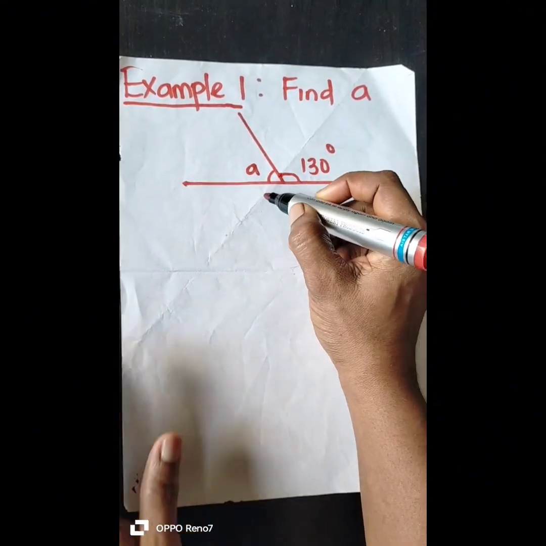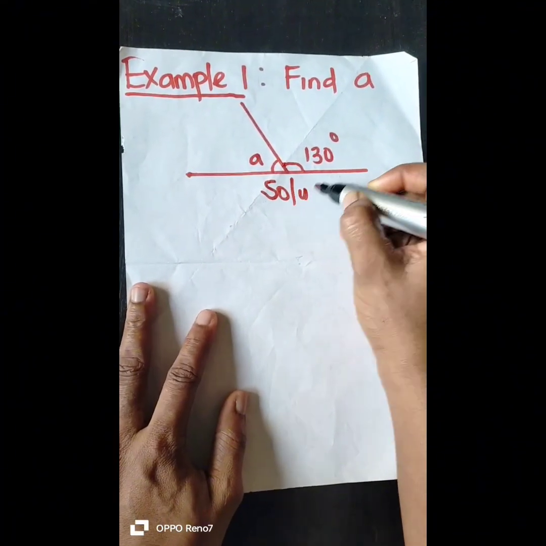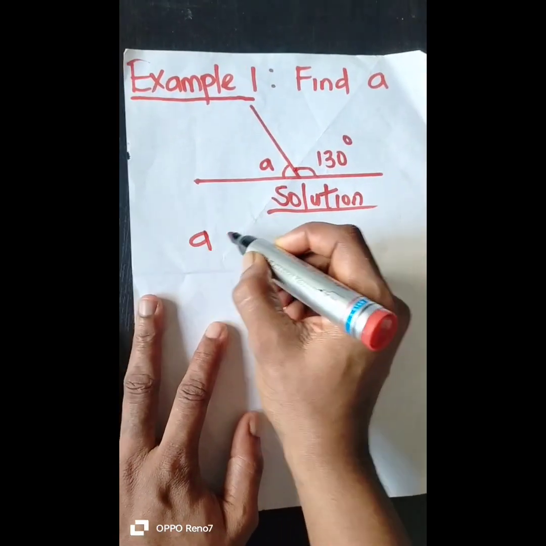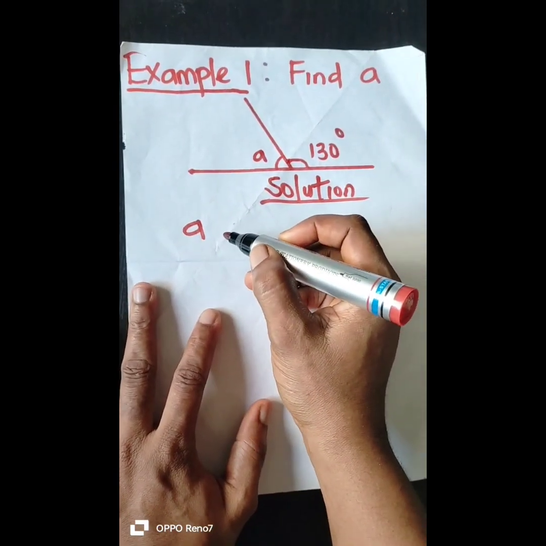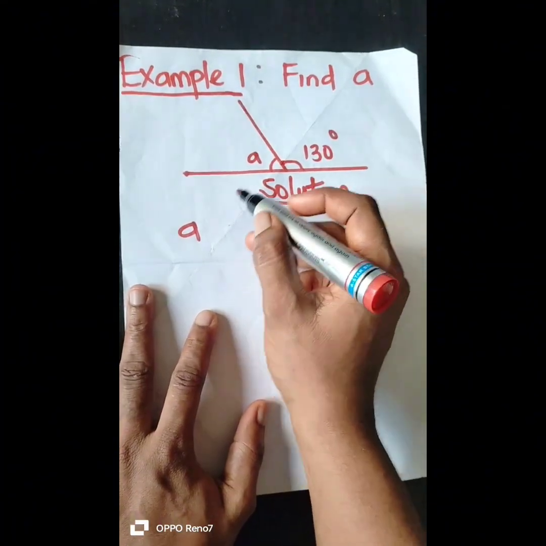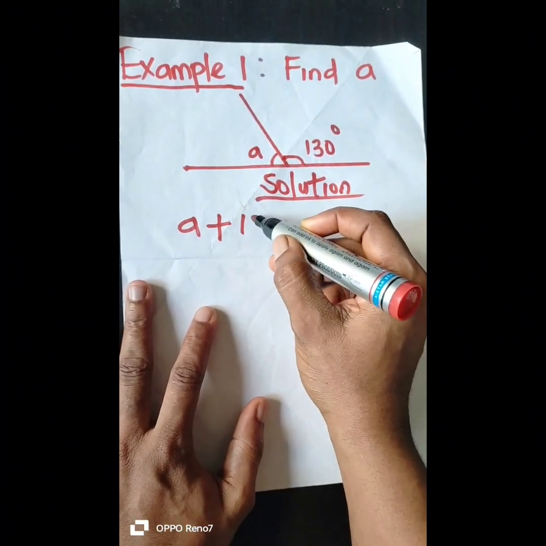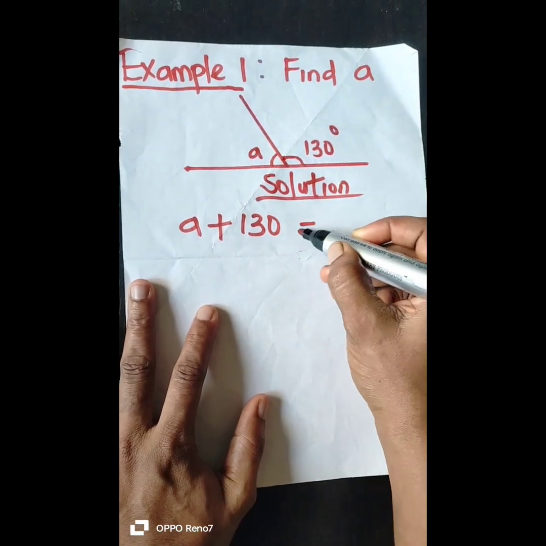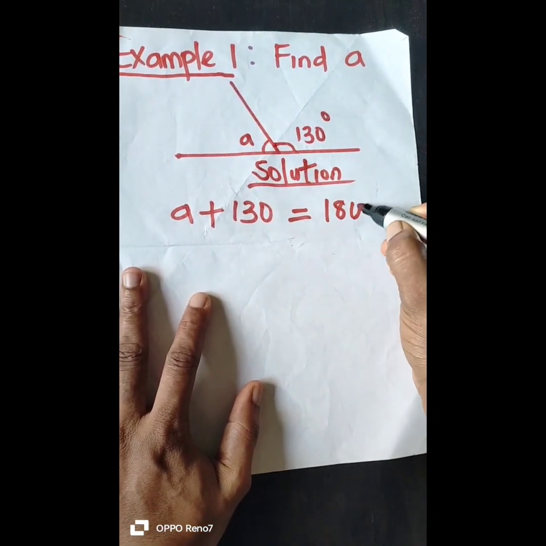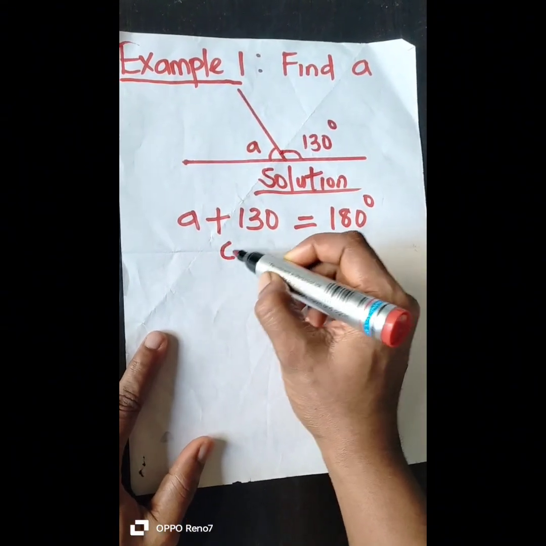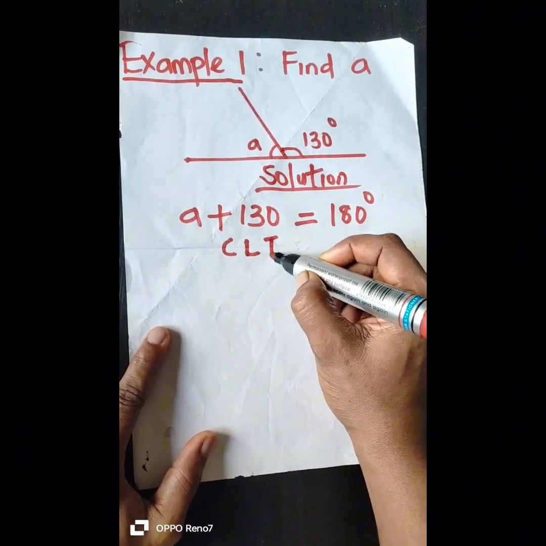So that is the property we are going to use to solve this question. Now solution. We have A, that says sum of angles on a straight line is equal to 180. That means A plus 130, sum simply means addition, will give us 180 degrees. Then at this point we are going to collect like terms, also called CLT.